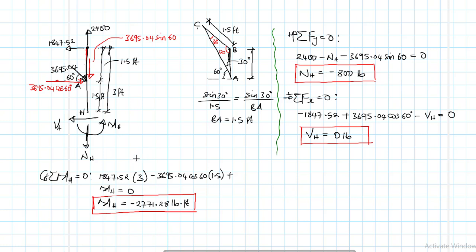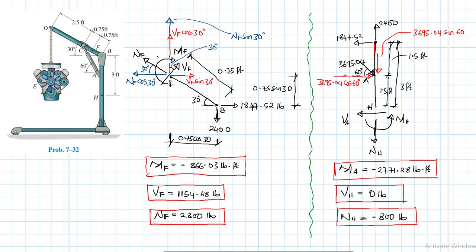So this is about it, and I hope okay. This is the summary of the solution. We have the section at F in this part, and then we have the section H, this part.